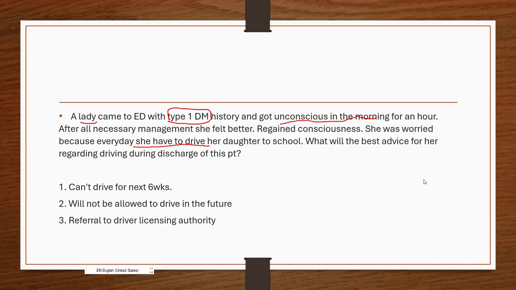Yes, commonly it would be a hypoglycemia. Why? There is a concern about DKA also. Why not? This is DKA and why yes, in DKA, yes, you can get unconsciousness if it is very severe. Okay, so why is this hypoglycemia and not a DKA?